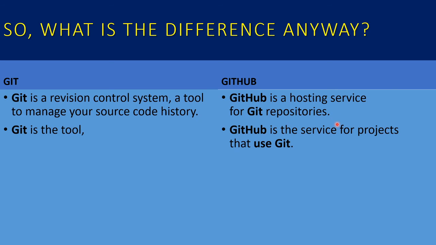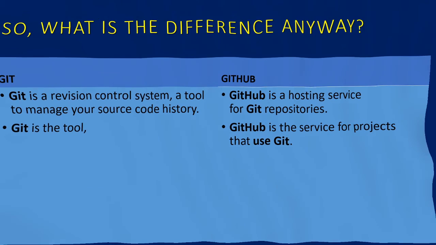When you have Git files or folders, these Git repositories, where you're going to keep them is on GitHub. So you make changes to your files, then you upload them to GitHub. Git is the tool, but GitHub is the service for projects that are using Git.